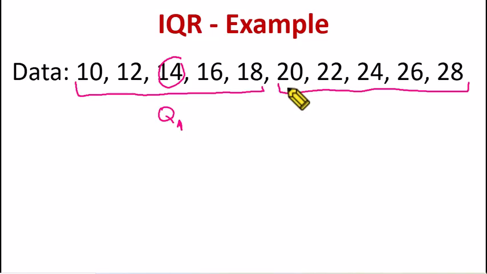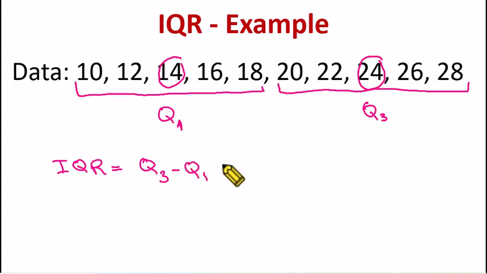And then if you look at the second half of the data, the median of that half, the number that's in the middle, that's our Q3 or upper quartile. Now, the interquartile range by definition is Q3 minus Q1. So it's going to be equal to 24 minus 14, which is 10.